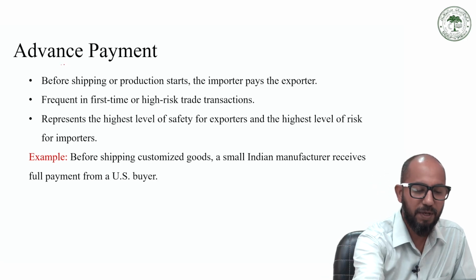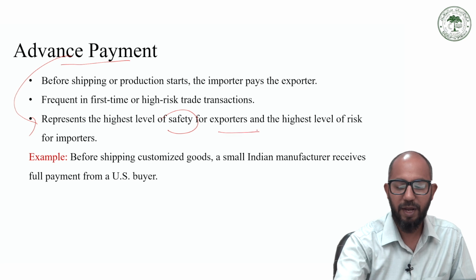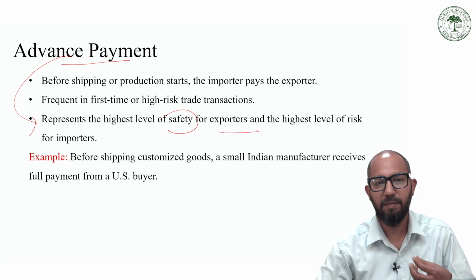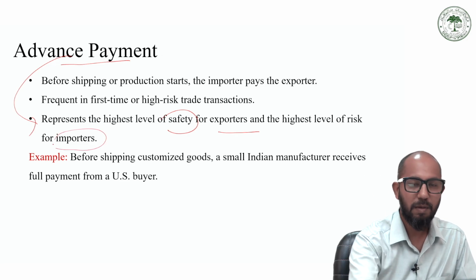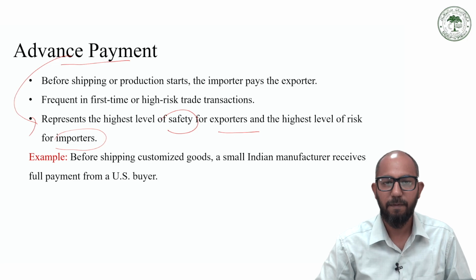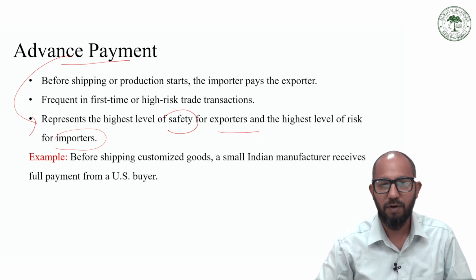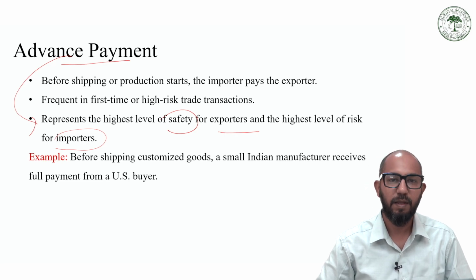The advance payment method represents the highest level of safety for exporters as the payment has already been received in advance, and the highest level of risk for importers because they have paid before receiving of the goods. Thus, the exporters always look for advance payment and the importers try to avoid the advance payments.